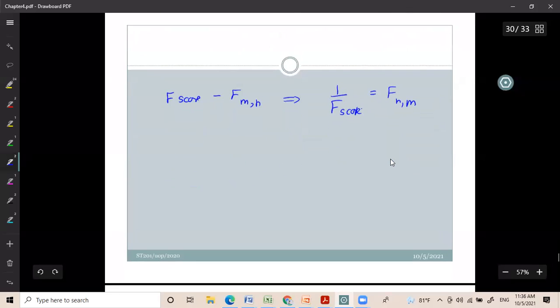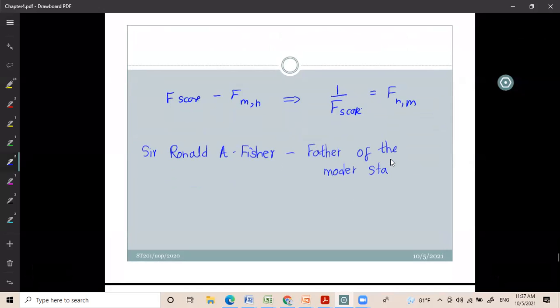This distribution was developed by Ronald A. Fisher, so F is for Fisher. Who's Ronald Fisher? You should know him. He's the father of modern statistics. Sir Fisher was knighted by the Queen of England for his service to the academy.